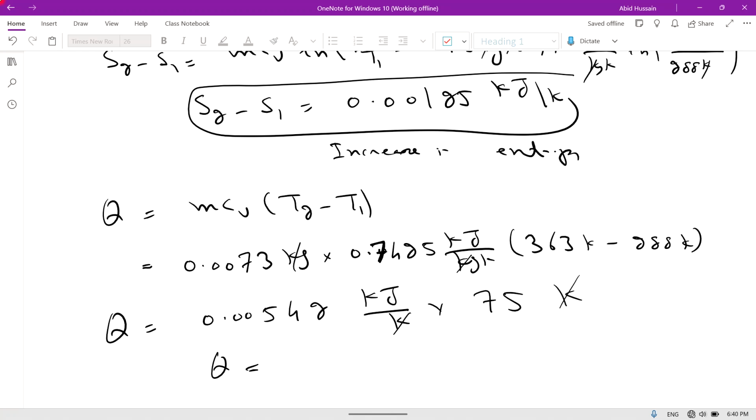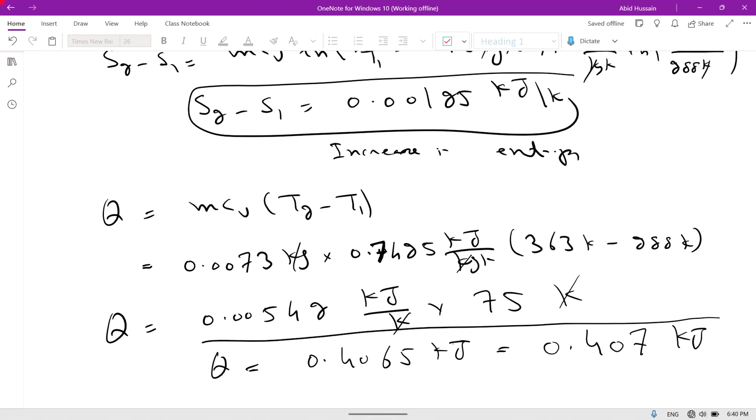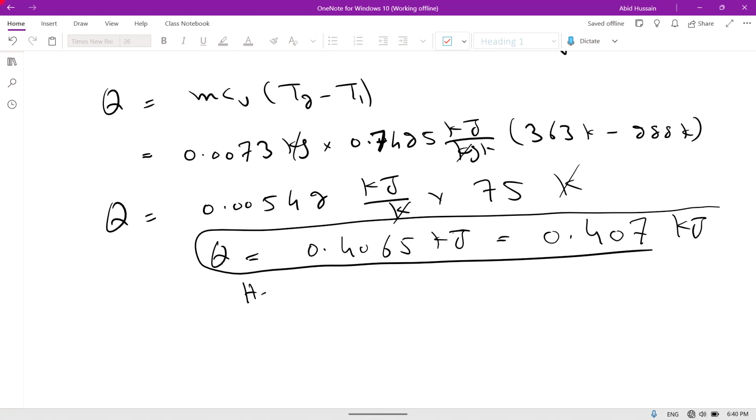So Q is the product of these two values, which is 0.4065 kilojoule, and if we round this, the final answer is 0.407 kilojoule. The answer is positive, which means this is heat supplied, and hence problem 4.4 is solved.